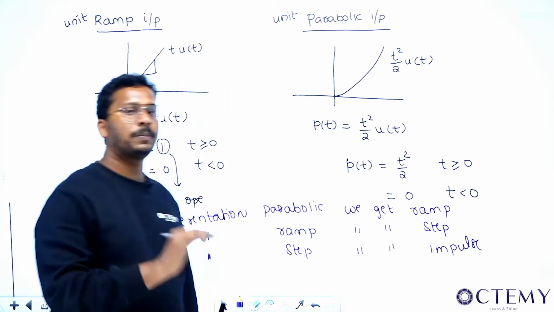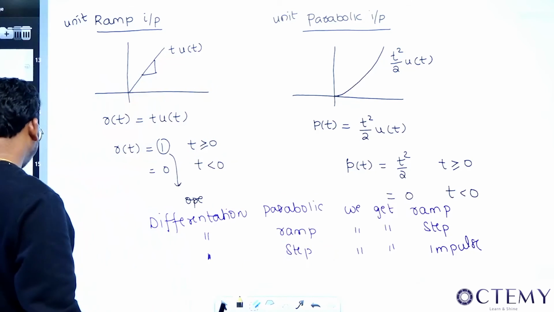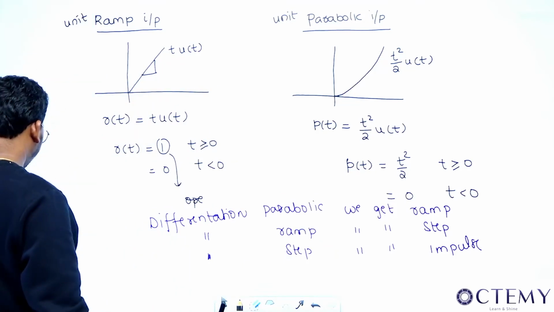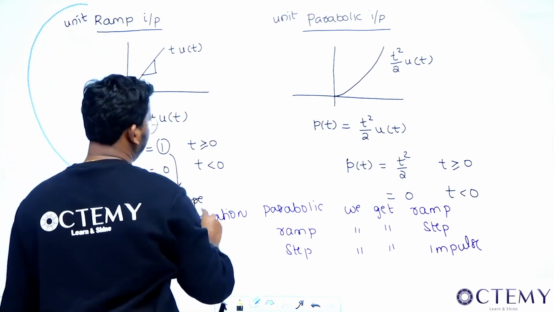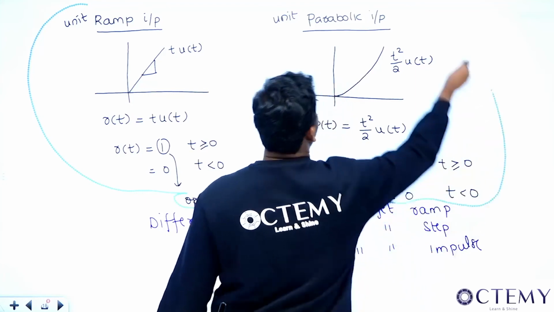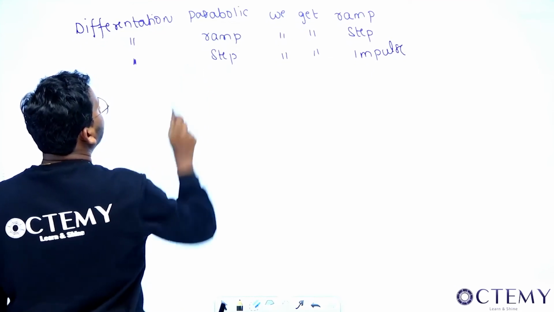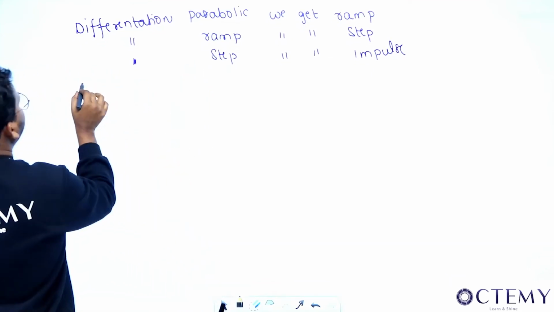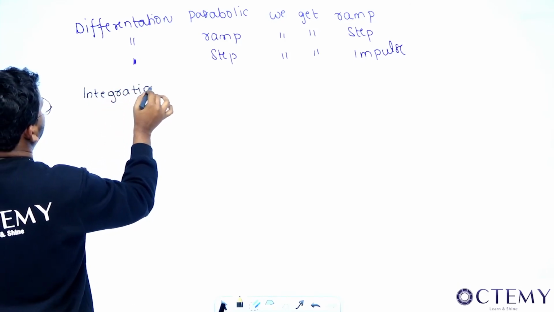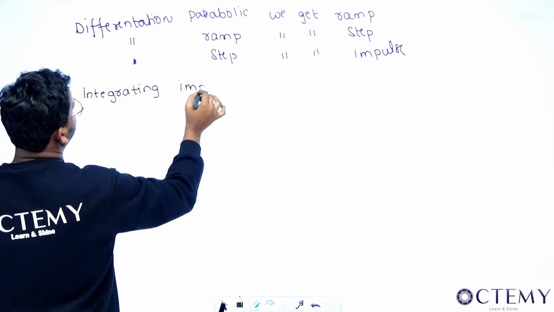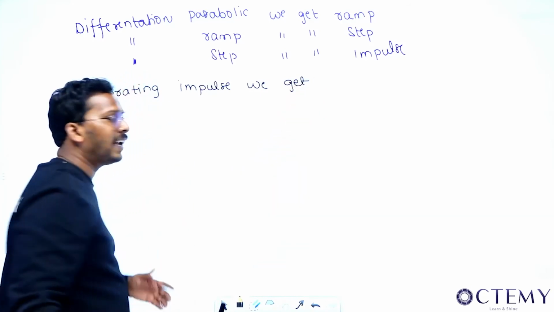It can be input or response also. Right? So what is the counterpart of this? The counterpart is like this. I can write it like this. Integrating impulse, we get, if you integrate, integration is for adding.